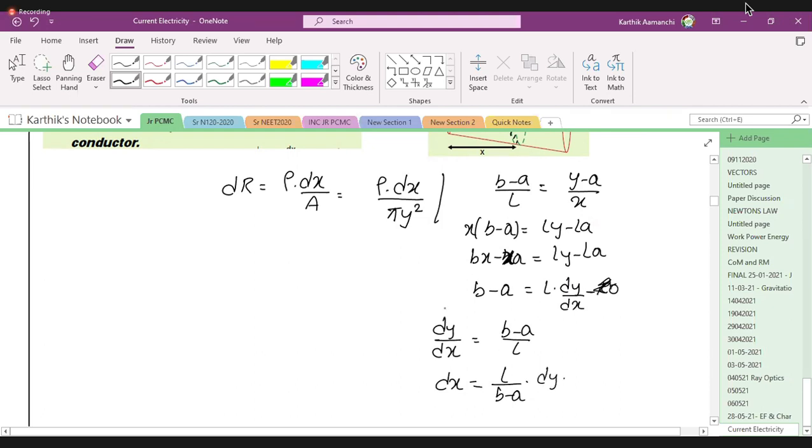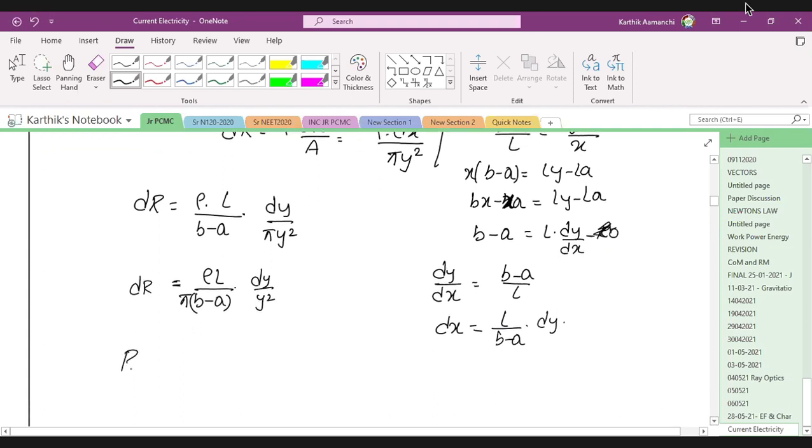Substitute that here. dr is equal to rho L divided by (b minus a) into dy divided by pi y square. So rho L divided by pi (b minus a) into dy by y square is your dr, isn't it? So R will be equal to integral a to b of rho L divided by pi (b minus a) into dy by y square.